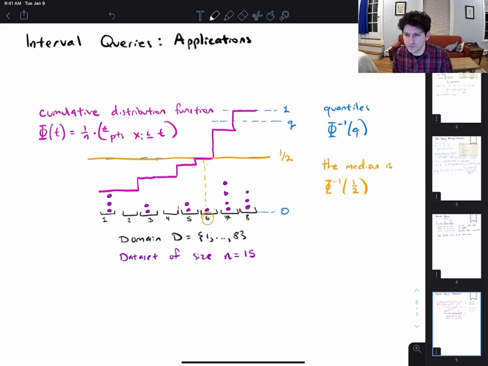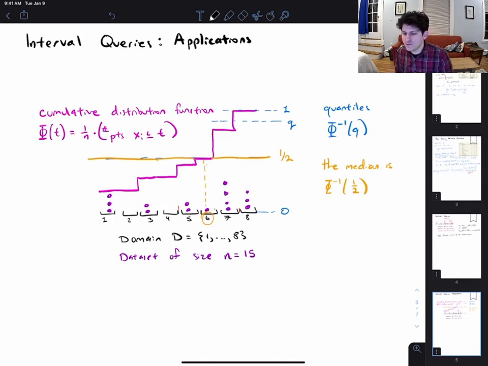Maybe what I want to do with the data is compute some summary of that distribution of the ages. So I want to know, for all people who are enrolled in my training program, what is the distribution of their ages? And one way of summarizing that distribution is through something called the cumulative distribution function.